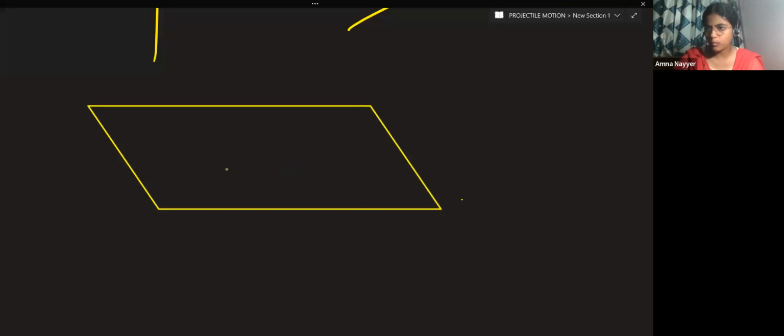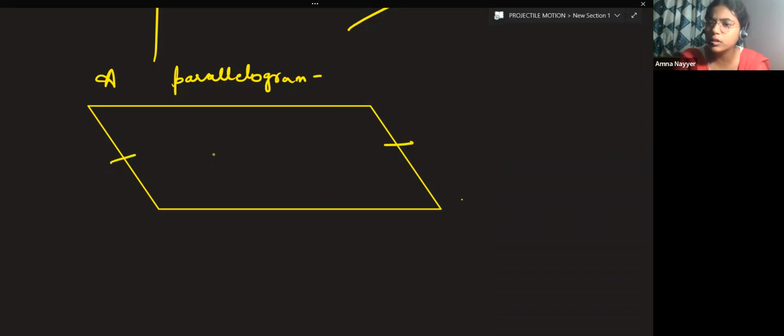Now, you people know what is a parallelogram? This quadrilateral, that's a parallelogram. Like this. This is a parallelogram. The condition is that two opposite sides are parallel and equal, not just parallel.